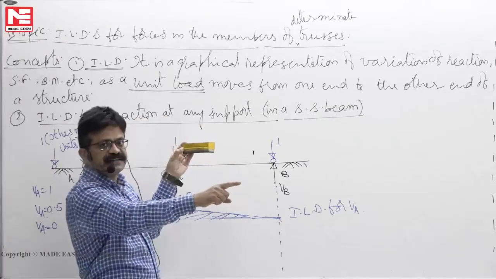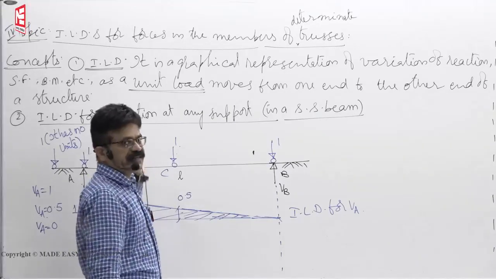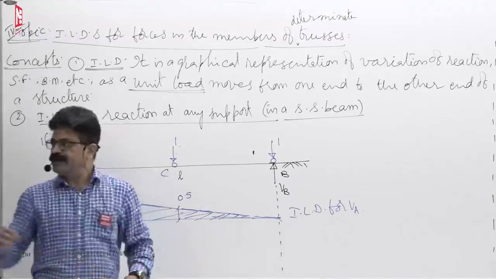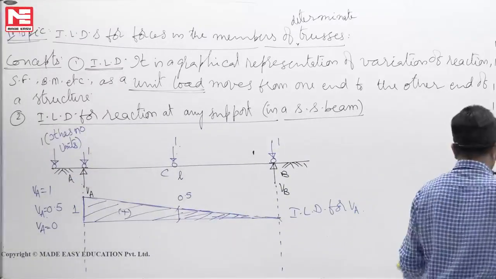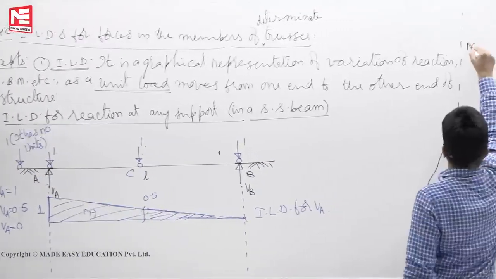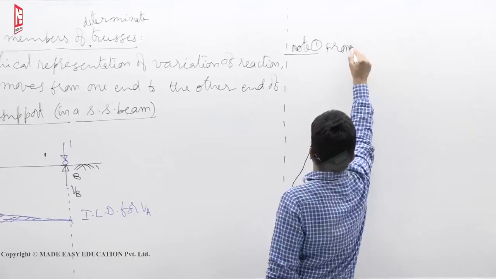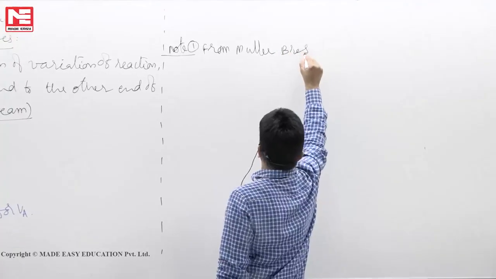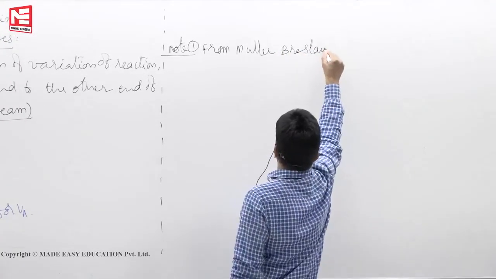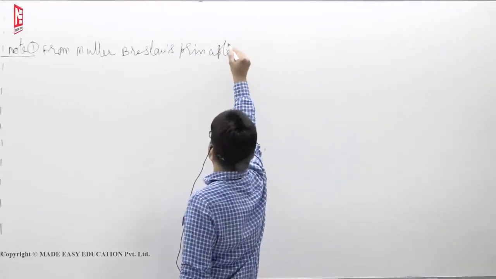Then the deflected shape of the beam itself is the influence line diagram for reaction at A. So this is what he has done, from Muller Breslau's principle.